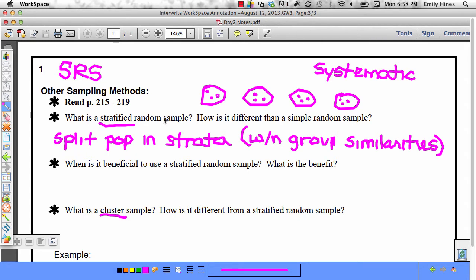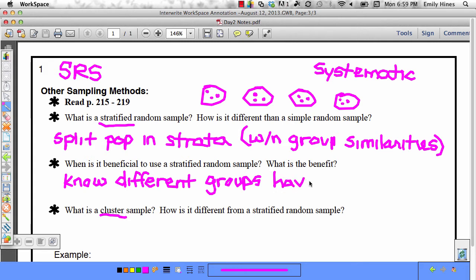It's beneficial to use a stratified random sample if you know that you have groups in the population that have different views or different ideas about what it is you're researching. Let's talk about an example: anyone who does a telephone survey.